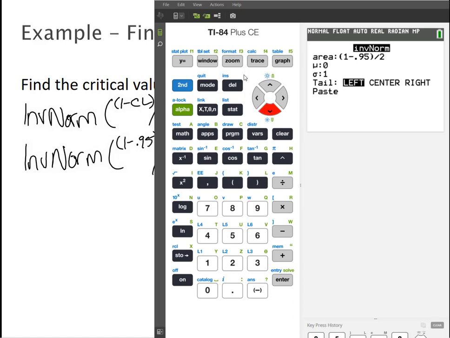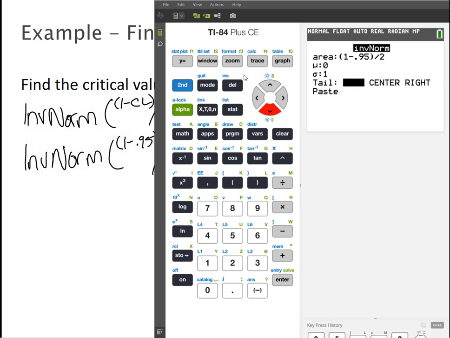Now, it already has my mean as 0 and my standard deviation as 1. You'll see here on my calculator that I have a tail that I can change. I can change that if I wanted to, but I'm going to leave it as left tail because, as we talked about in chapter 6, your calculator is going to default to the left tail if you don't have this option.